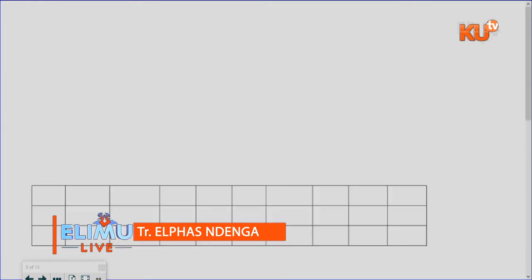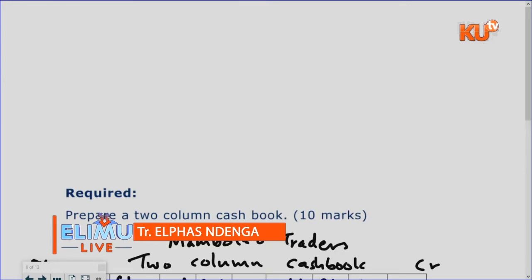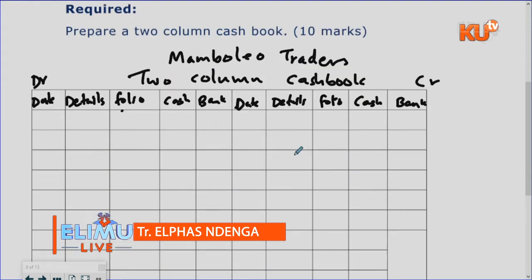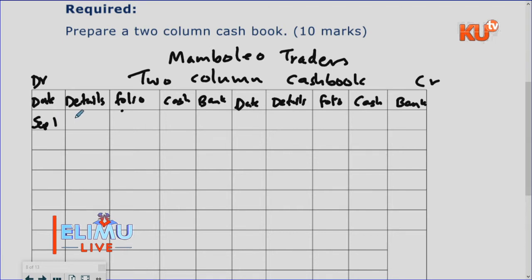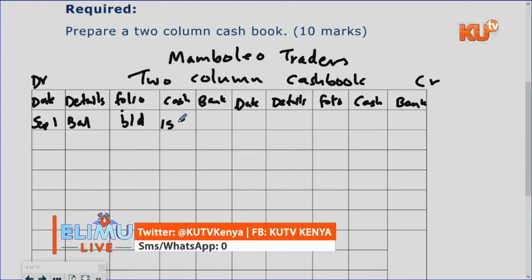We debit the cash on September 1. The details is simply balance brought down. Cash is 15,500.